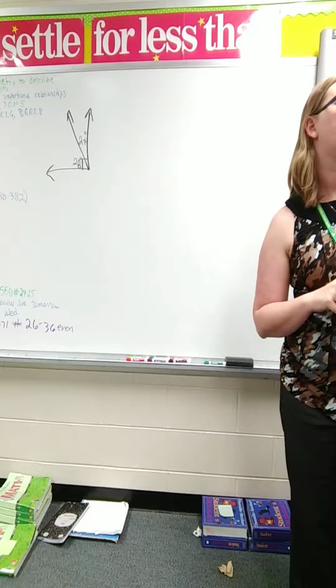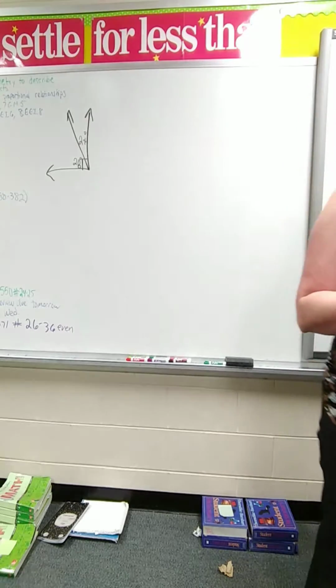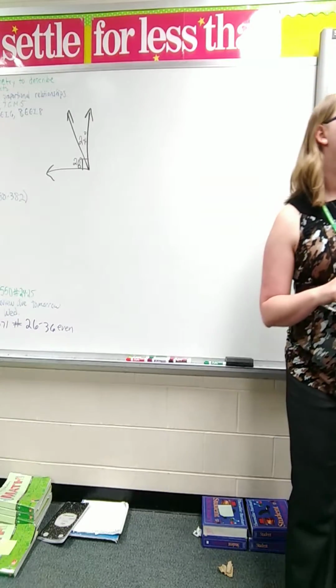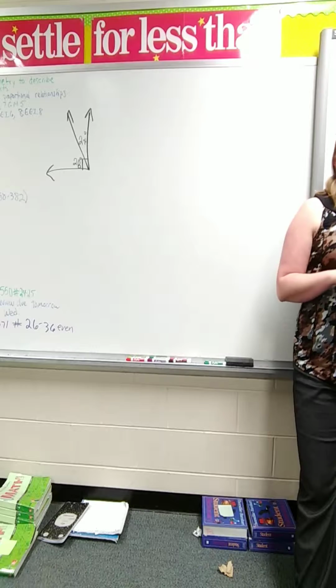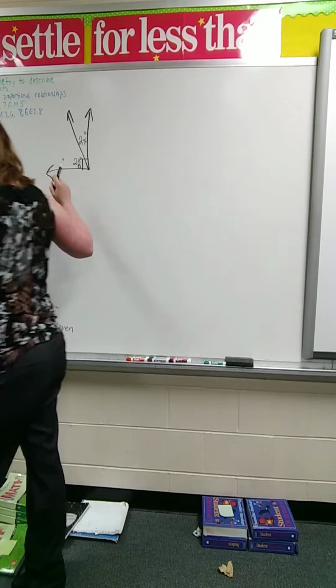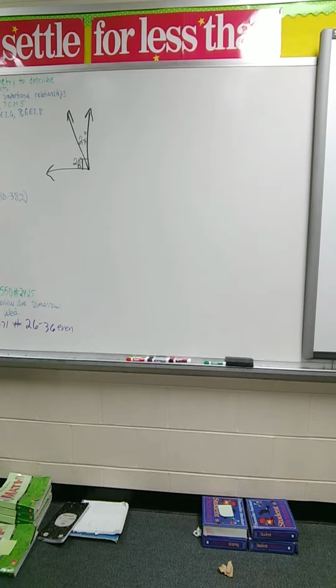If the sum of the measure is exactly 90 or 180. Okay. So, first of all, are we looking at 90 degrees or 180 degrees here? 180. I would disagree. So it's 90. Very good. So it's 90 degrees.